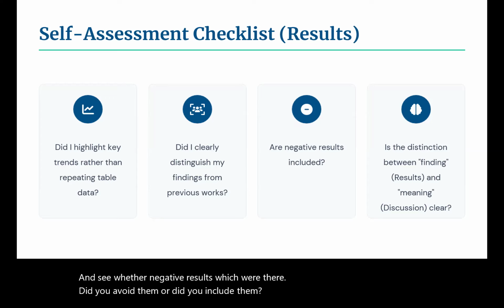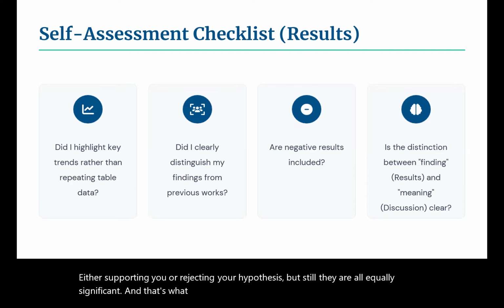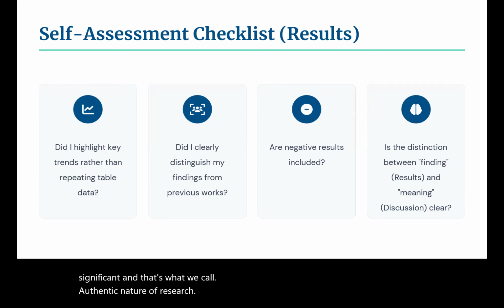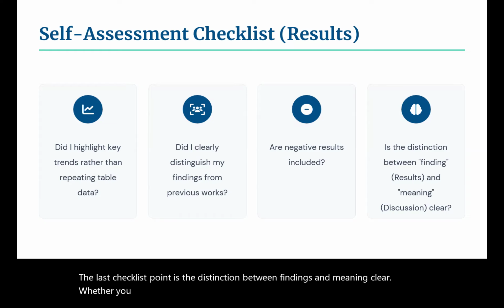Ensure that you include them as well, because your harvest is either supporting or rejecting your hypothesis, but still they are all equally significant. And that's what we call the authentic nature of research. The last checklist point is, is the distinction between findings and meaning clear? Have you missed anything that should go from the discussion section into results?